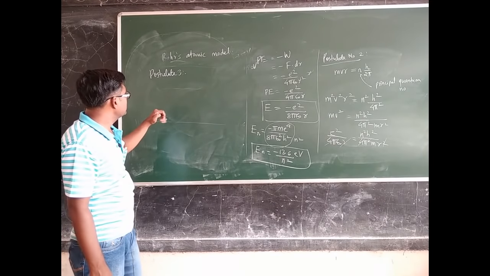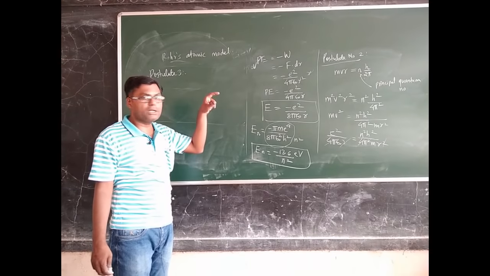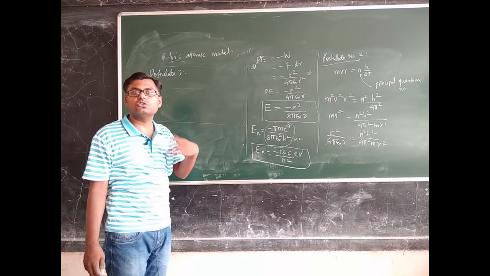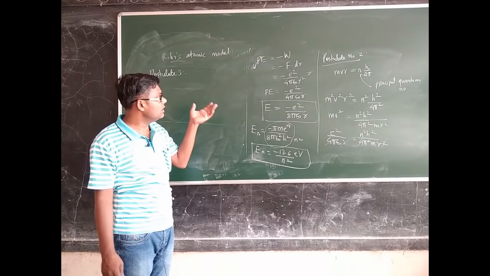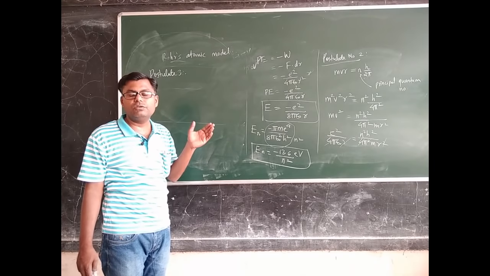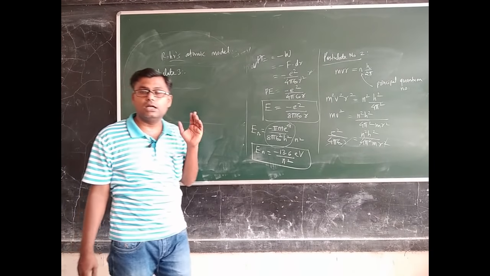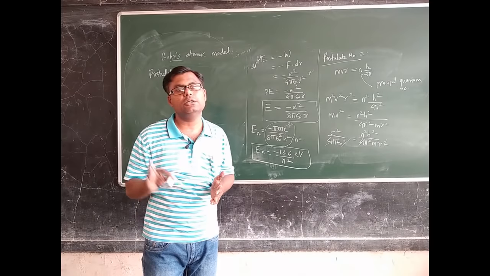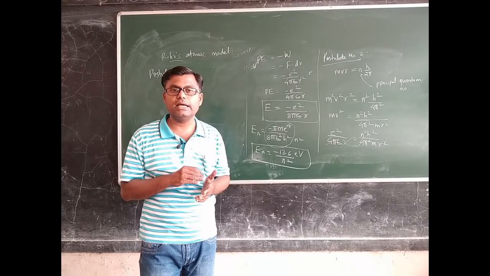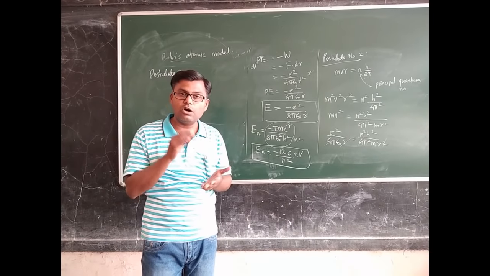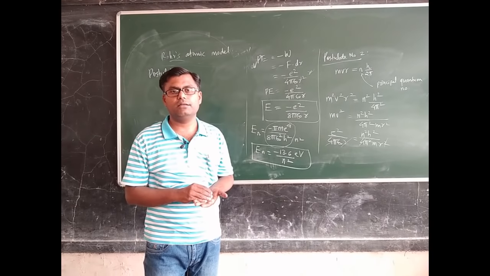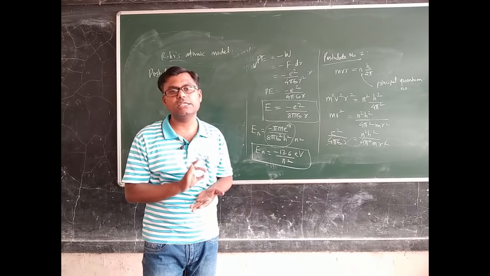According to the third postulate, Bohr has said that whenever an electron revolves in a particular orbit, it does not emit any kind of radiation. Whatever allowed orbits are there, if the electron is revolving in an allowed orbit, it will not emit any kind of radiation, or any kind of electromagnetic waves. Such orbits are called stationary orbits, because the energy will remain stationary there.